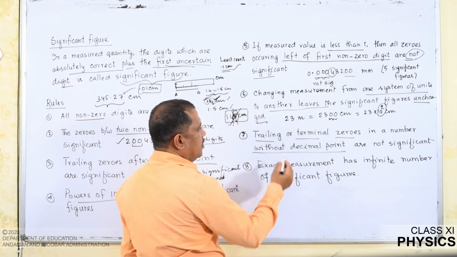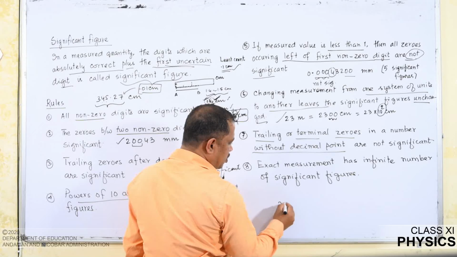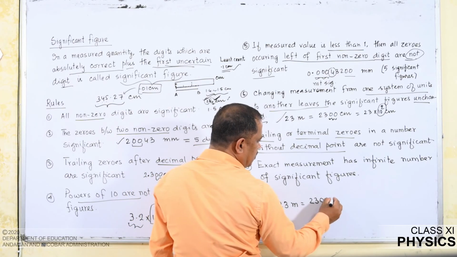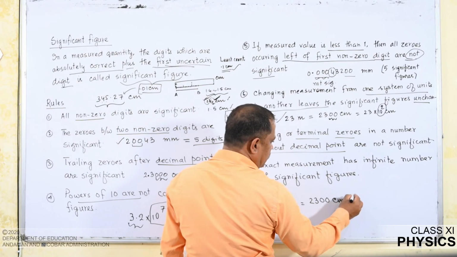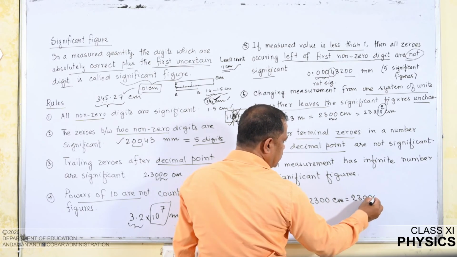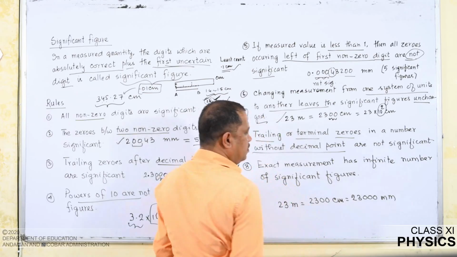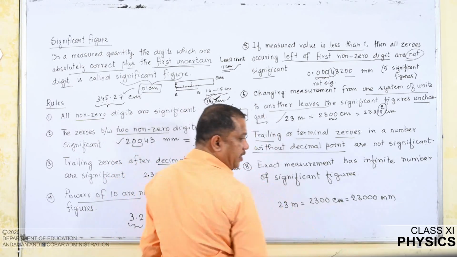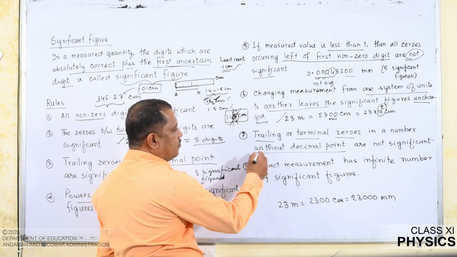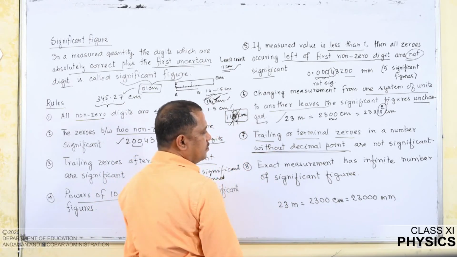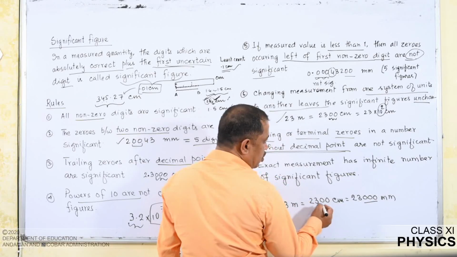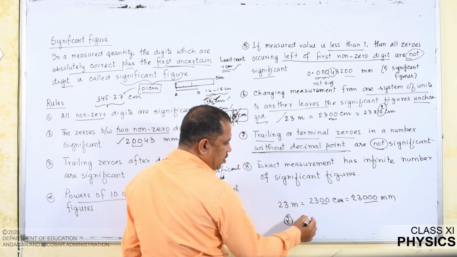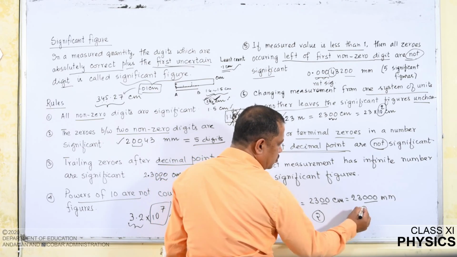Again, 23 meter, if I convert this into centimeter, or into millimeter, then it will be like this. Now, I see that this measurement has no decimal point. So, this rule says that when there is no decimal point, the trailing zeros are not significant. In that case, the significant figures here are 2, here 2, here 2.